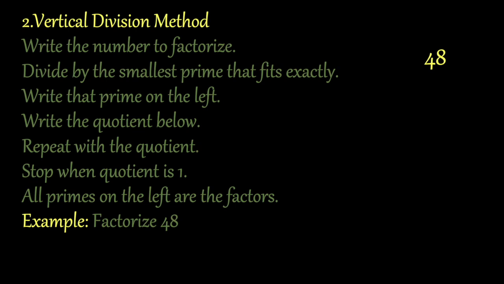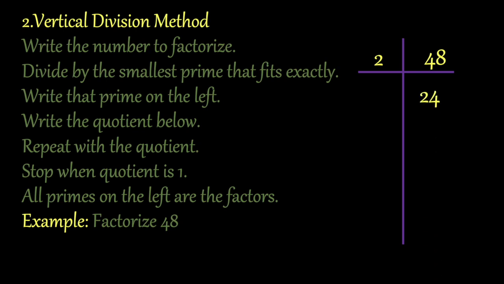Here we will understand whether 48 is even or odd. As 8 is at the unit place, it is an even number, so it can be divided by 2. Therefore, first we will divide this number by 2. Then the answer will be 24.